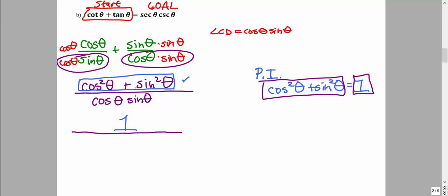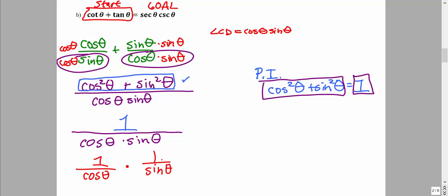So now we have 1 divided by cosine theta times sine theta. Keeping our goal in mind, our goal was secant theta times cosecant theta. So let's see if we can get there. Let's rewrite this as 1 over cosine theta times 1 over sine theta.